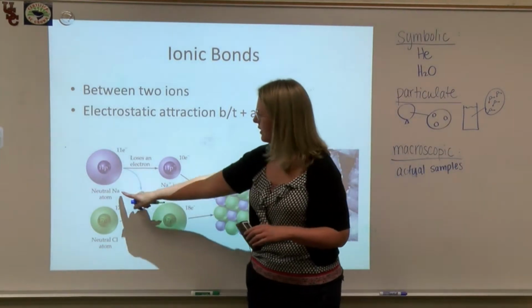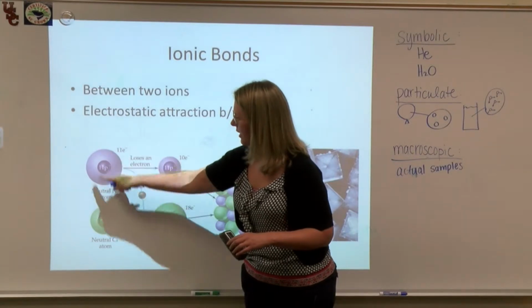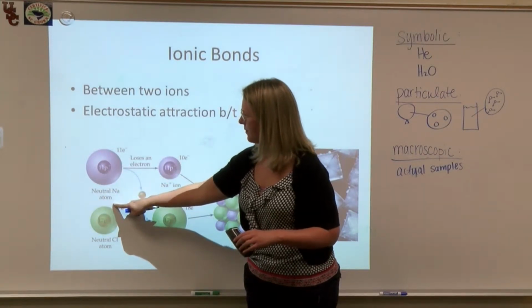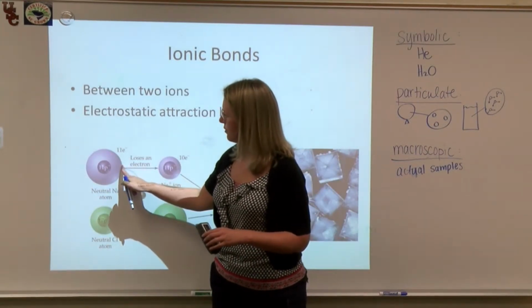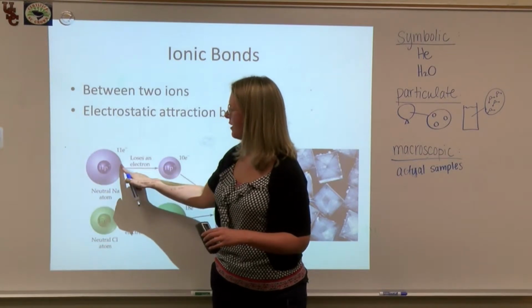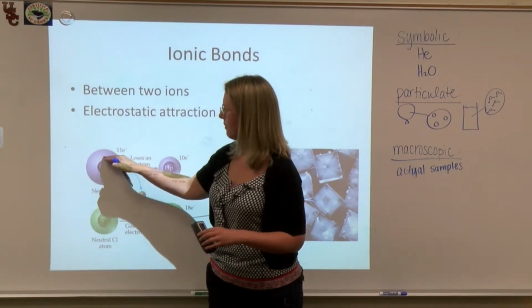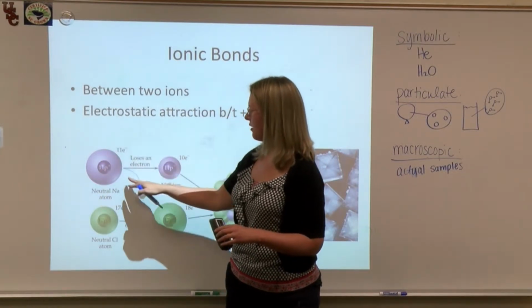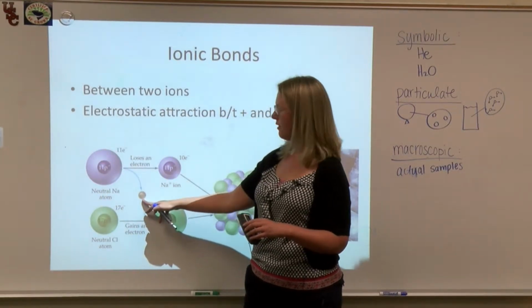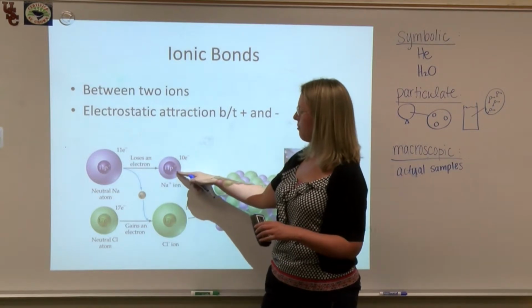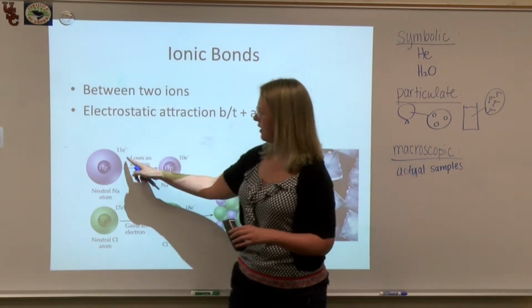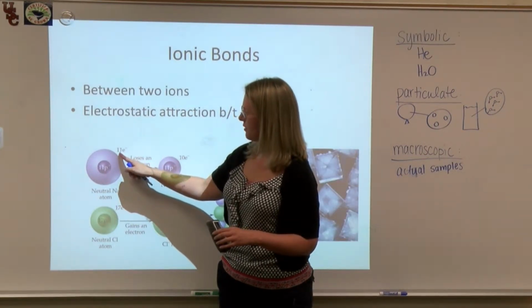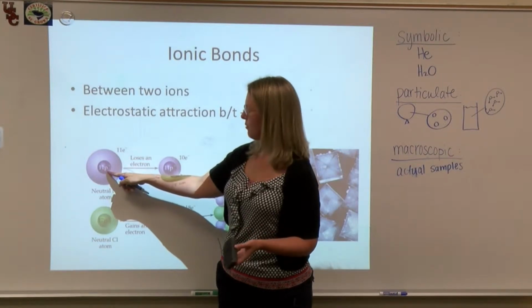So if we look, this graphic is showing a neutral sodium atom. Neutral sodium has 1 outer electron, which is represented by this kind of larger shell here. So when that 1 outer electron is lost, you see here, okay, it forms a positive charge. Here we have 11 electrons, which are negative, 11 protons, which are positive.